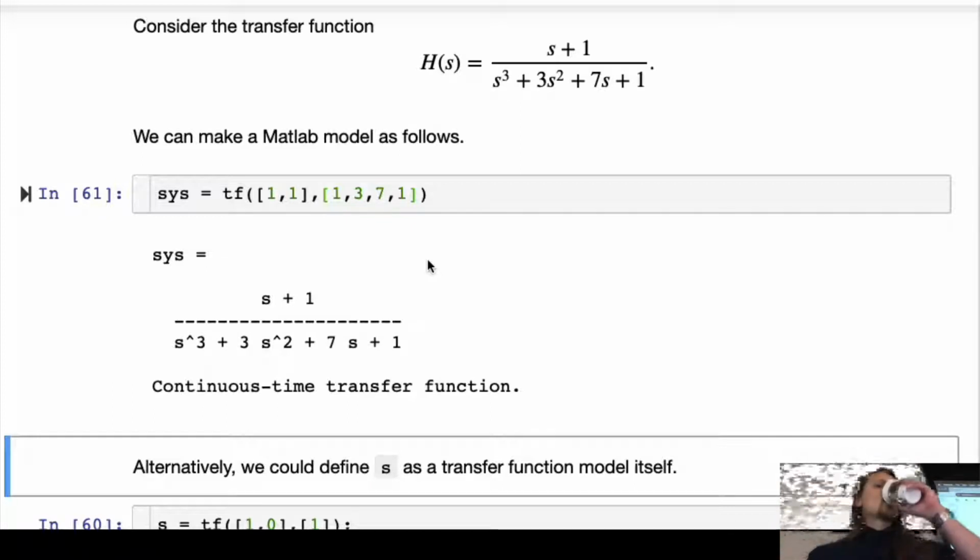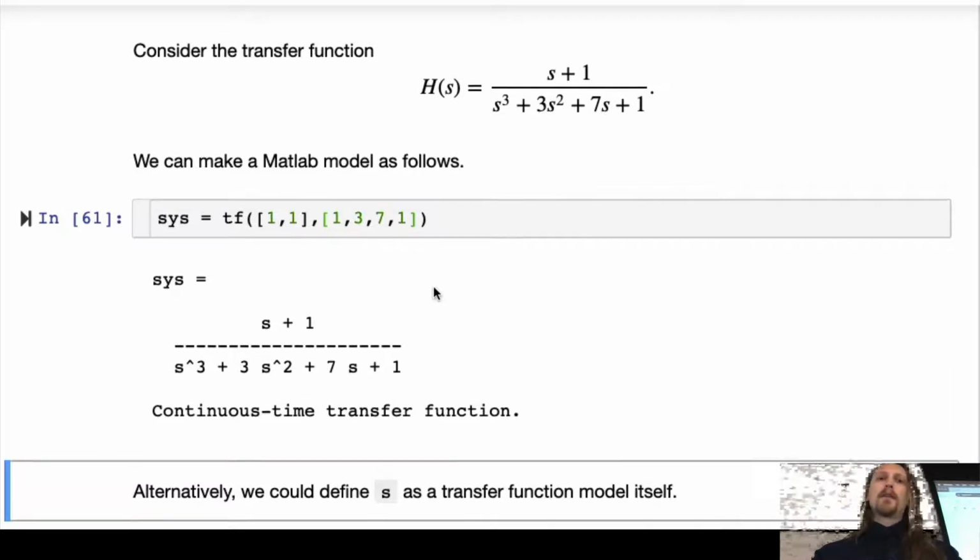Say the transfer function isn't a fraction, can you just write it without the denominator? If you have no coefficients in, say, the denominator, you have to give it an empty set of brackets.